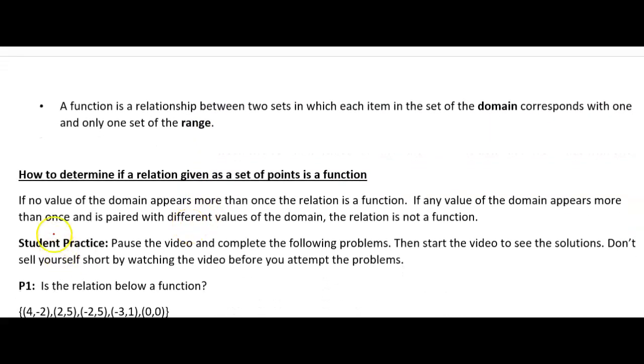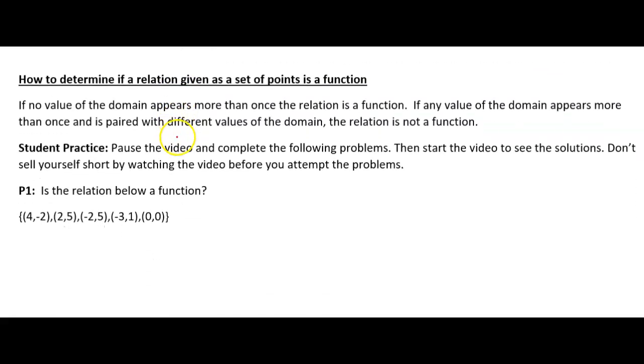So that brings us to this statement, where a function is a relationship between two sets in which the set of the domain has one and only one item it corresponds with in the range. So this is the nuts and bolts of how you figure that out.